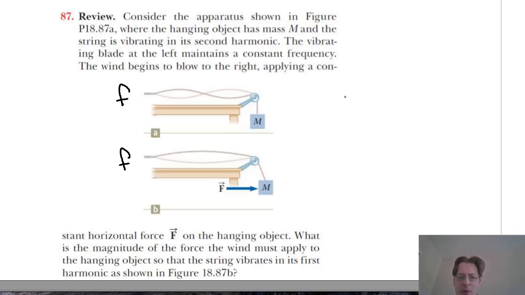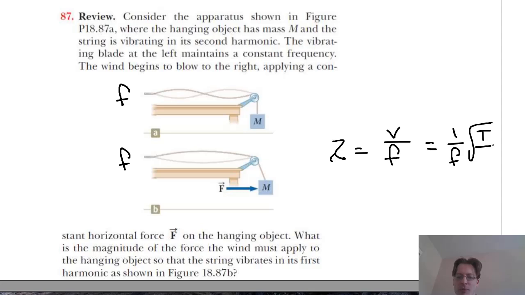In other words, what I'm saying here is that the wavelength, which is v over f, is staying the same, but the tension will grow. So this is 1 over f times the square root of tension over mu.